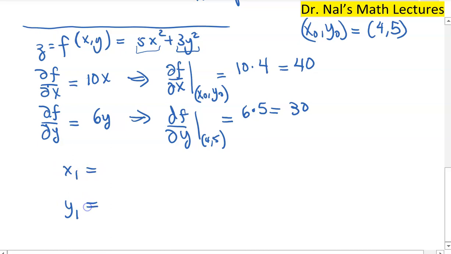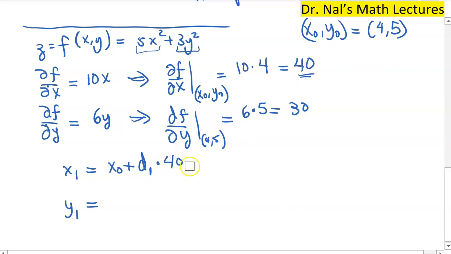So for x1, we will start with x0. X0 is just a 4, or let me write it in 2 steps. X0 plus d1 times, so d1 is just a constant, sorry for that. d1 times the gradient, which is 40.